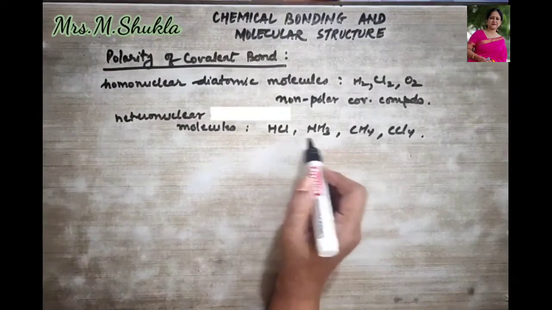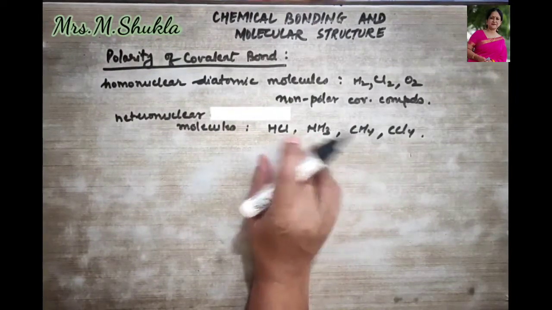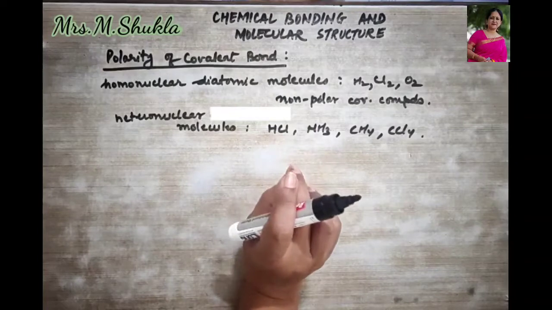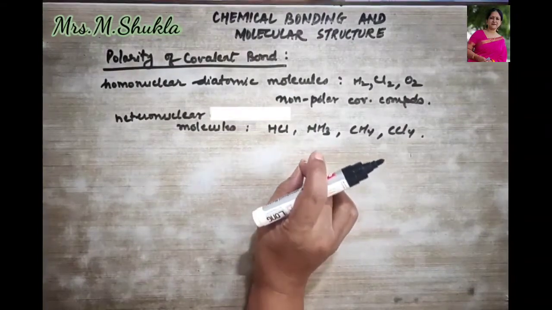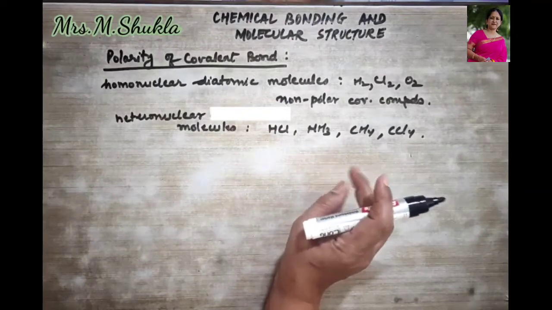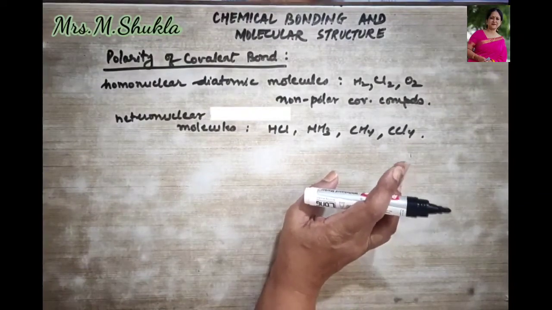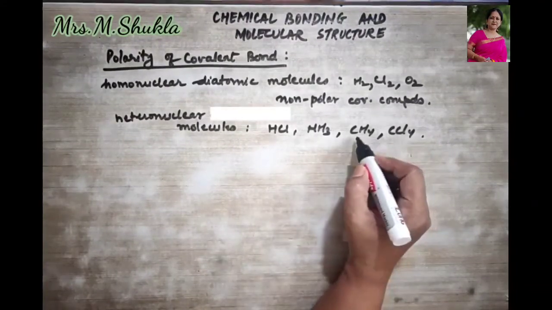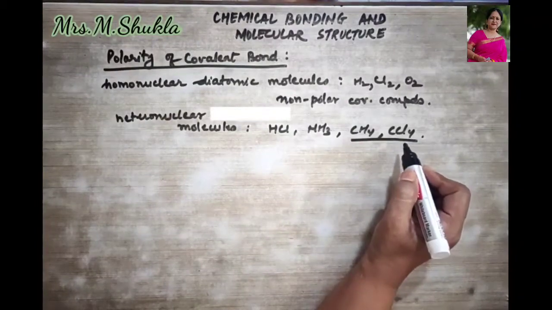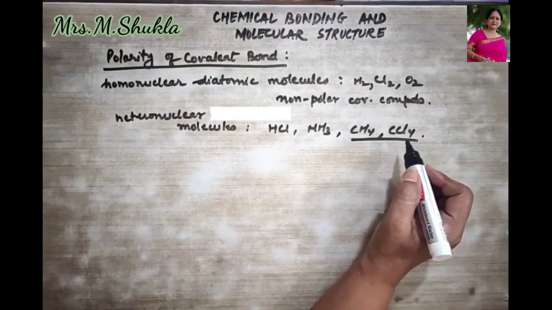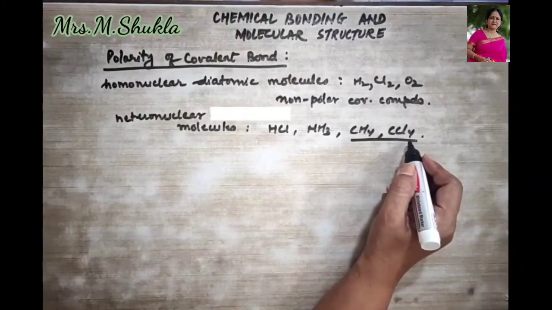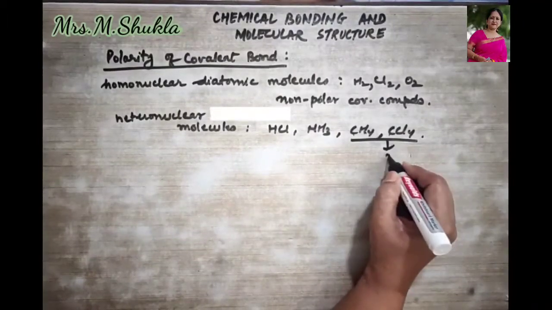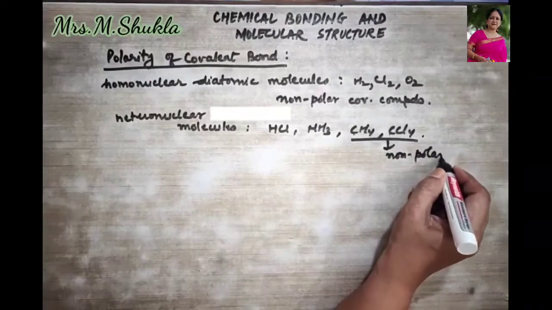If there is a slight electronegativity difference between the two different atoms, then it is going to show a slight positive and a slight negative charge. And if there is no electronegativity difference, then it is going to be a non-polar covalent compound. So in the case of methane and carbon tetrachloride, what do we see? That there is no electronegativity difference between carbon and hydrogen or carbon and chlorine. So they are again non-polar covalent compounds.